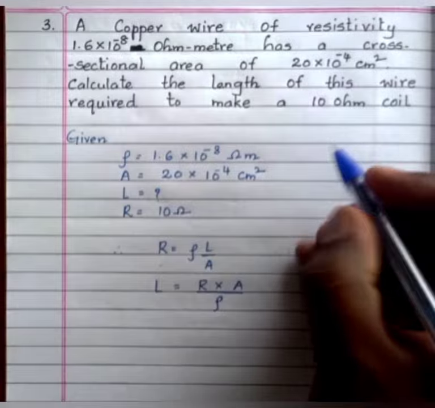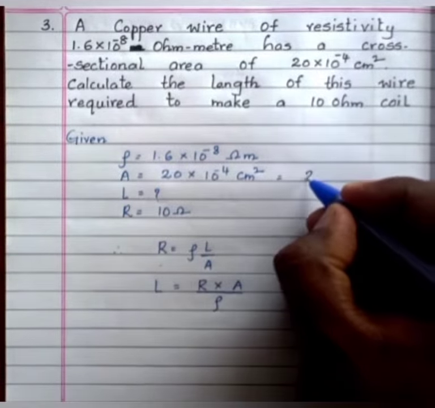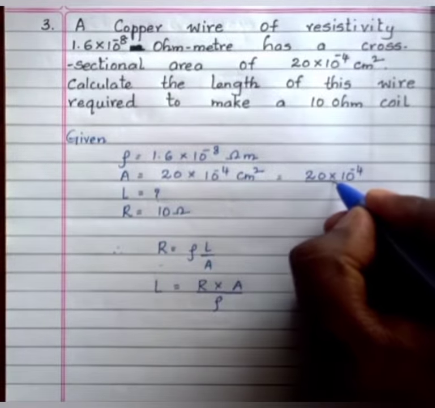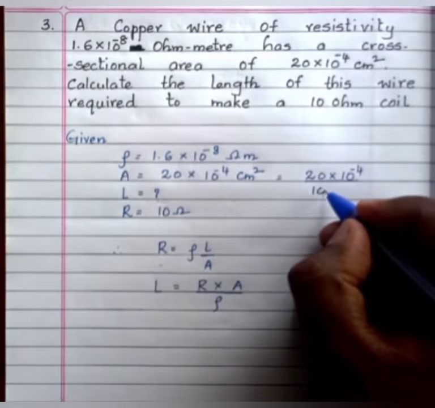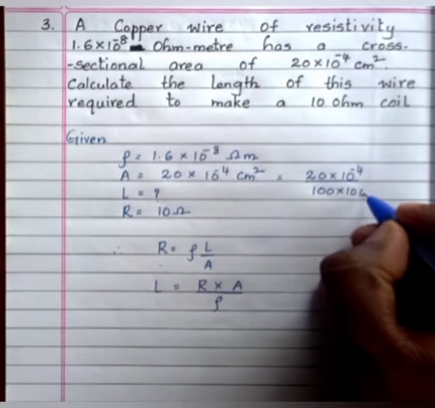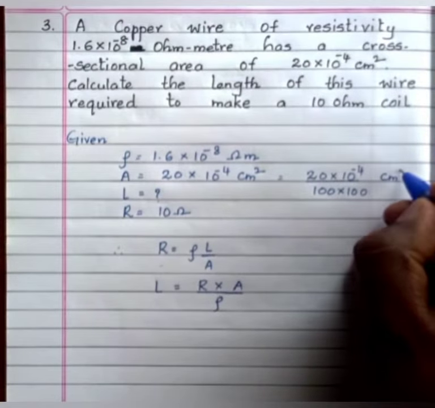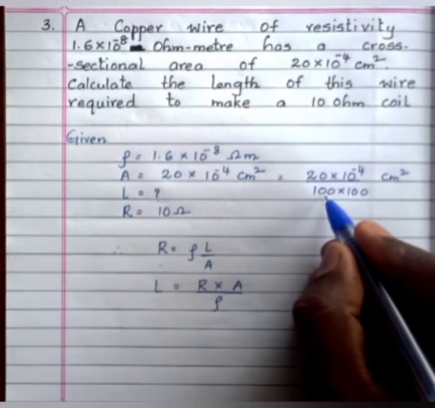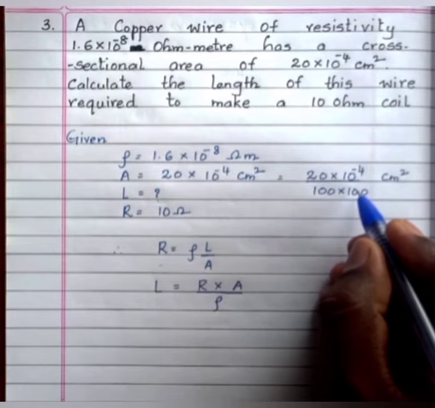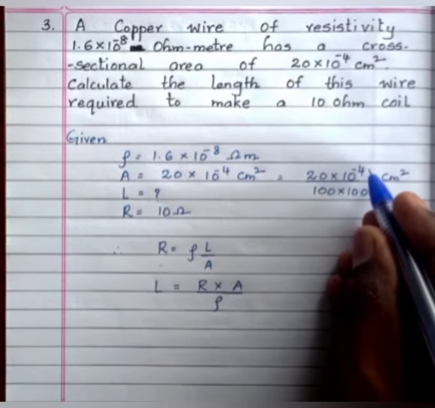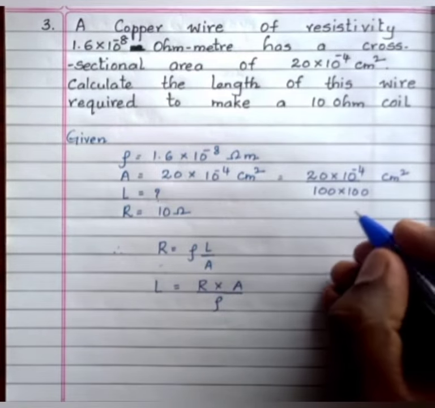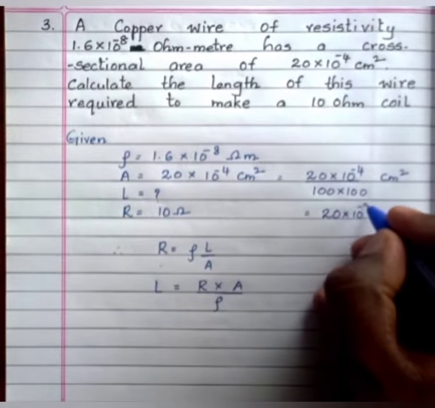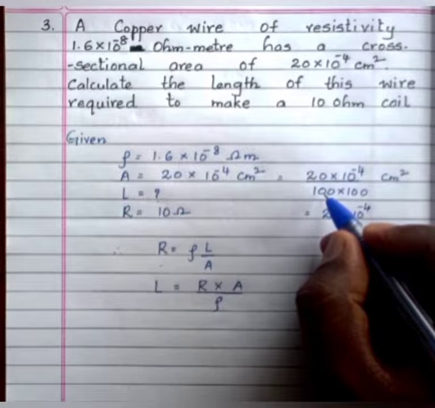Students, it is very important that all the values should have the same units, that is, meter with meter or centimeter with centimeter. Now I will convert the area from square centimeter into square meter. To convert centimeter into meter, you should divide by 100, and because it is squared, divide by 100 into 100, that is, 10 power 4, which becomes 10 power minus 4.